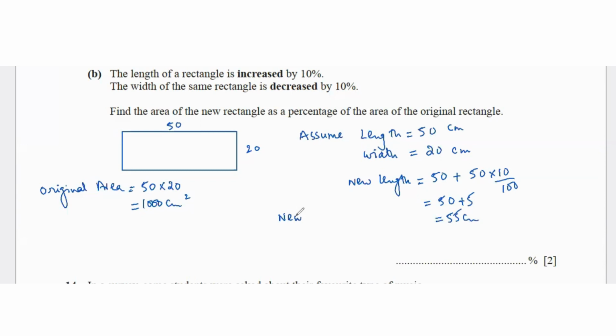For the new width, I'm going to do 20 minus 20 times 10 over 100, which is going to be 20 minus 2, which is 18 centimeters. So now for the new area, it's going to be 18 times 55, which equals 990 centimeters square.